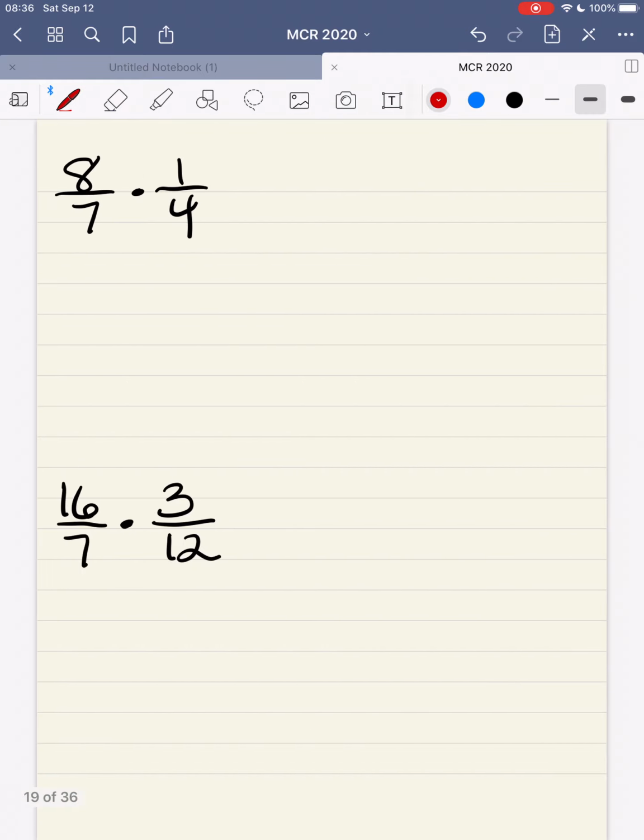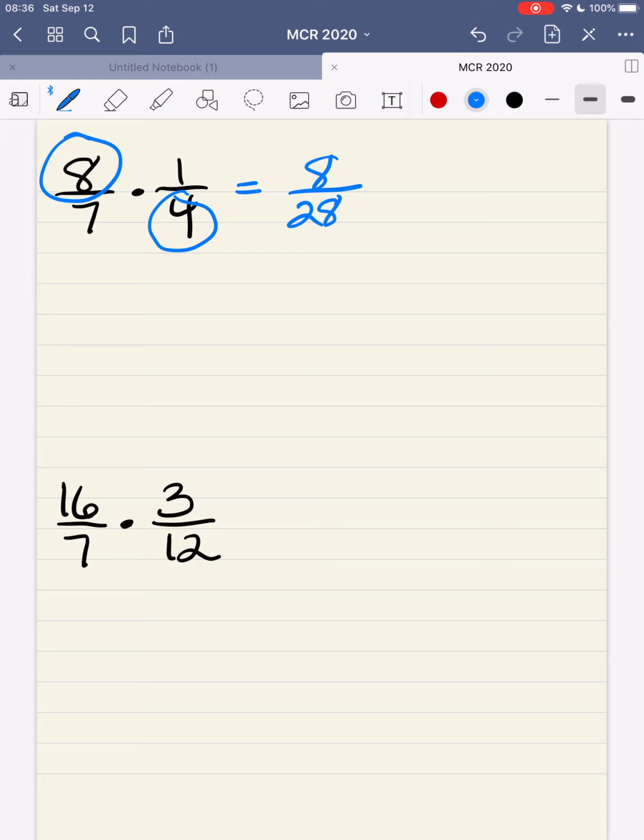All right, let's look at a couple more examples. So here I have 8 over 7 times 1 over 4. Similar problem. And again, I notice that my 4 and my 8 are even and divisible by each other. All right, if I multiply straight across, I get 8 over 7 times 4, which is 28.